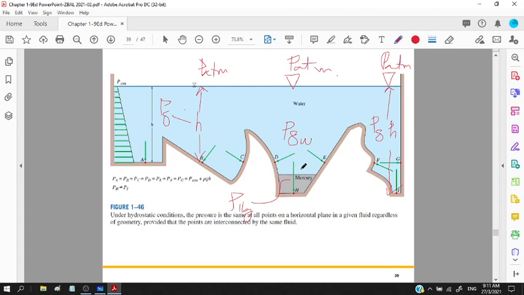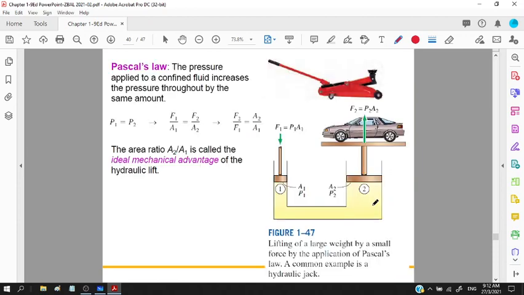So if we have different liquids, different P gauge, the pressure at H and I is not the same. In this case, the pH is not the same as the P at the location of I. This is Pascal's law, how we use the pressure to elevate a certain object which is very heavy.